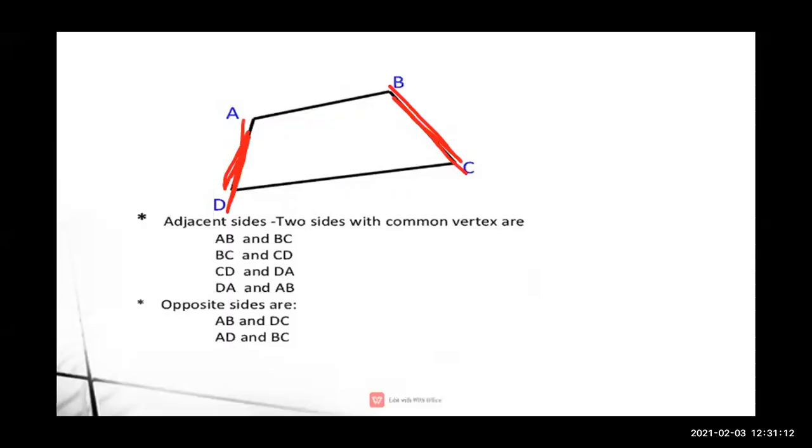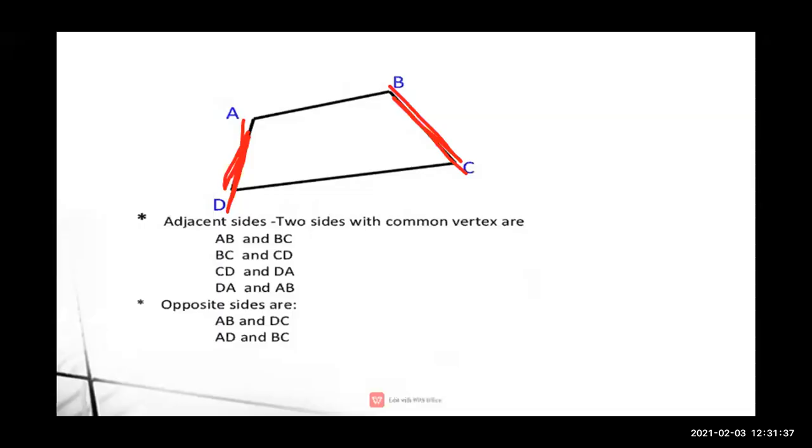How many pairs of opposite sides are there? No, Tanishka, you're giving the wrong answer. Very good, Shreya. There are two pairs. Now I told you AB and DC, this is one pair.